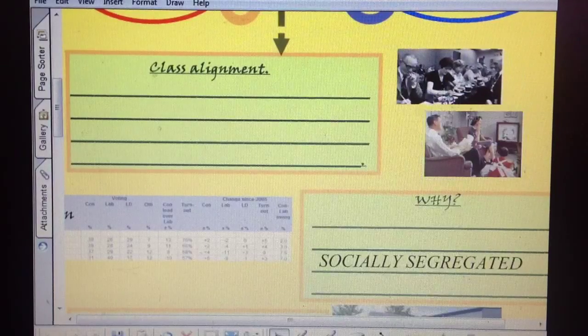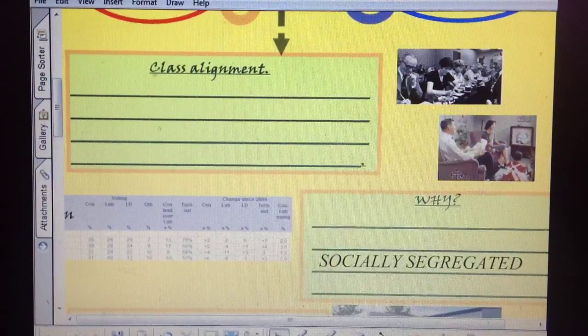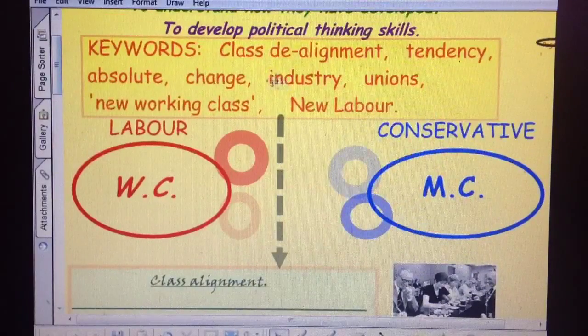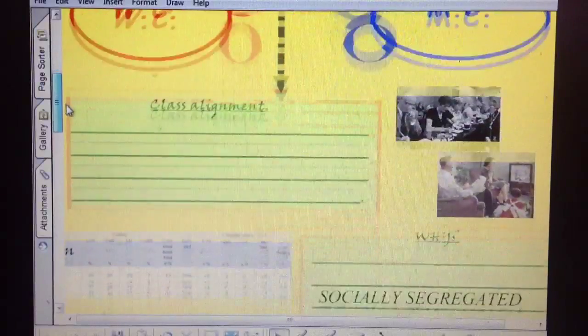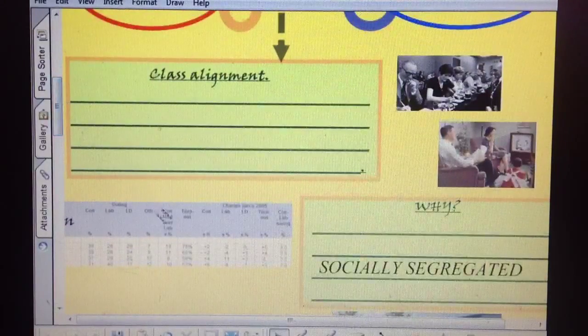The middle classes and the working classes lived very separate lives, and they felt very middle class and working class. In particular, the working class, working in big factories, working in industries, belonging to unions, felt very working class. And as part of feeling working class, you voted Labour.